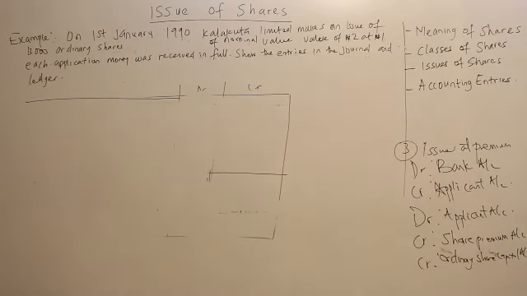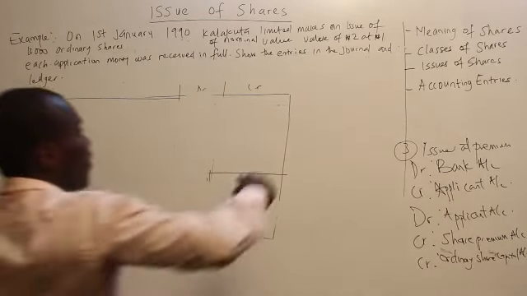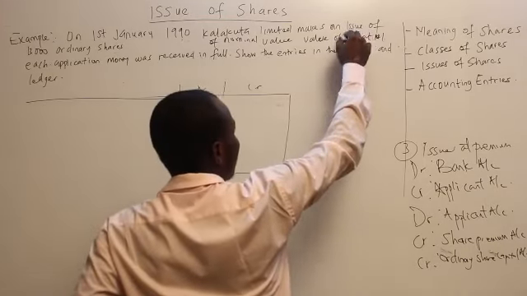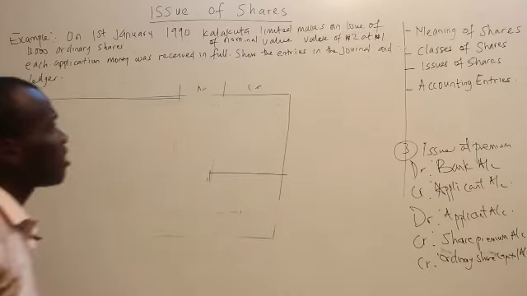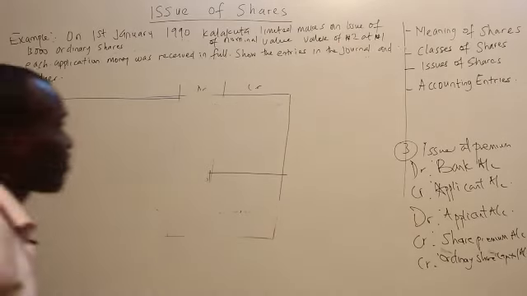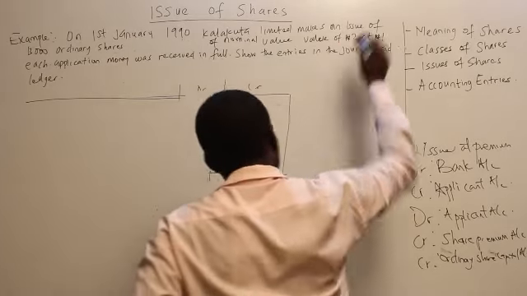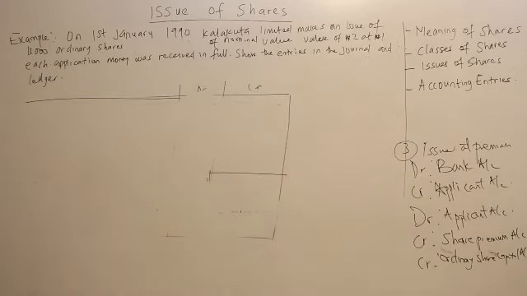Application money was received in full. That is, the nominal value of the shares is 2 naira, and the market value is 1 naira. That is at a discount. It's issued at a discount. Show the entries in the journal and ledger.